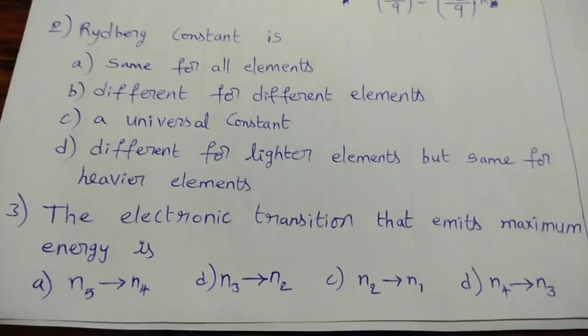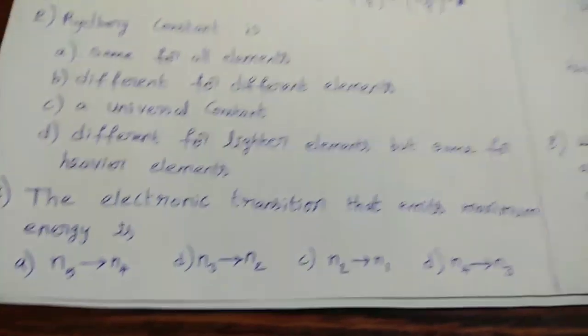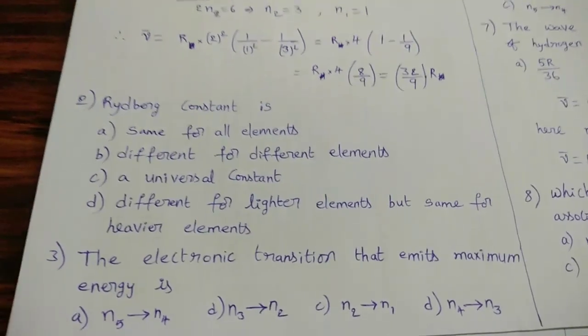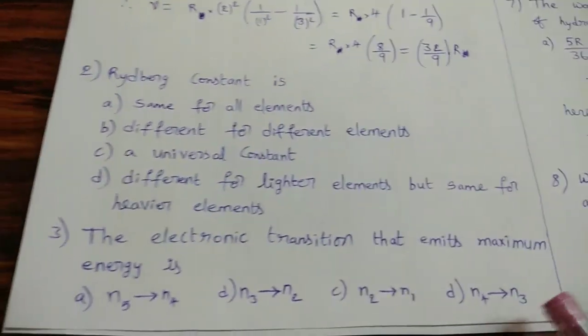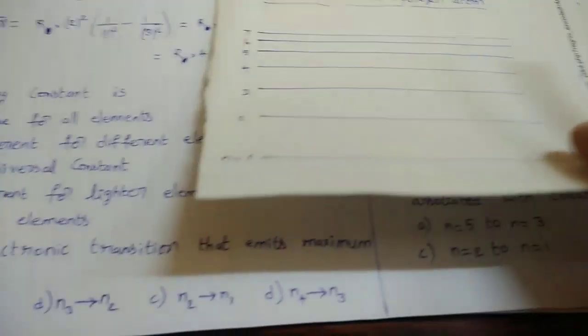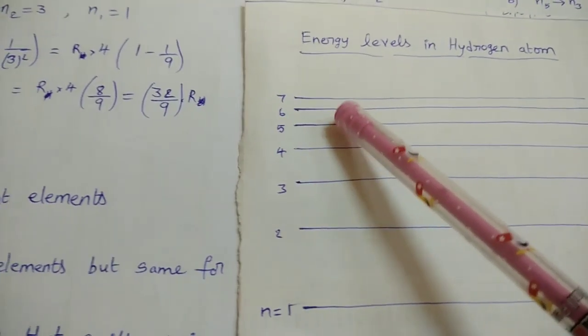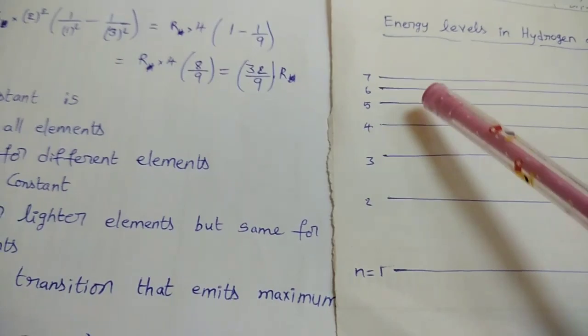Next, the electronic transition that emits maximum energy. Okay. Say this. Different options are given for this. In that, maximum energy means this is the answer. Here they give 4 options. In that, fifth orbit to fourth orbit, that is this to this, electron jumps between these two.